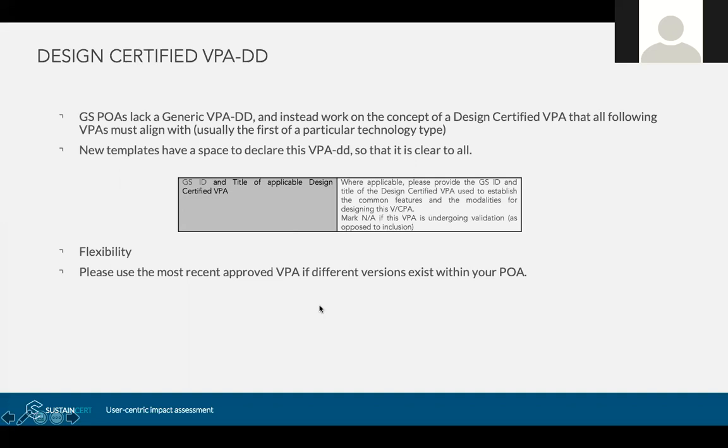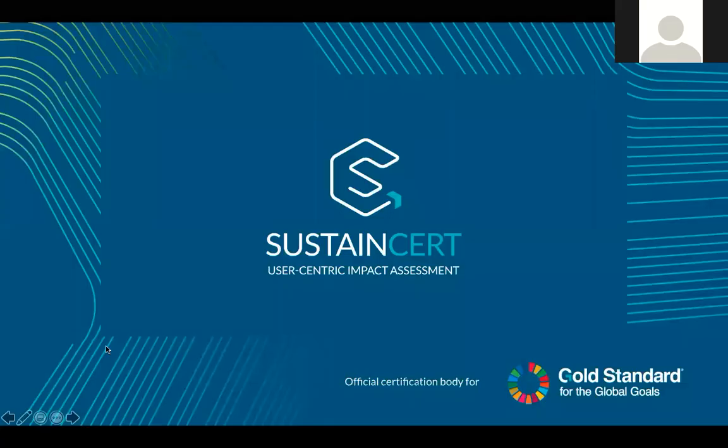That way we can have a line in the sand after which some of the simplified modalities and procedures for POAs can be used to their best advantage going forward. So, hopefully that is some useful detailed guidance.